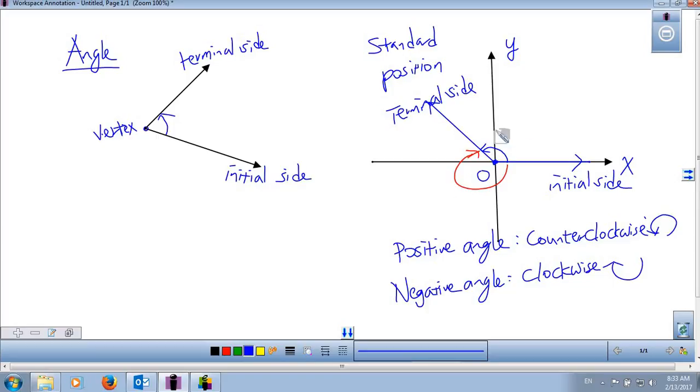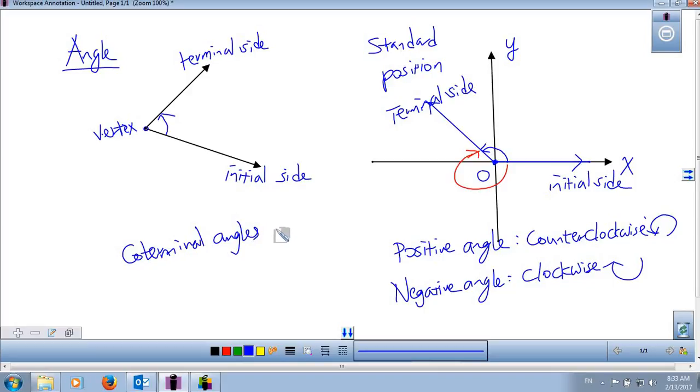And these two angles, the blue and the red, happen to be called coterminal angles. Why are they called coterminal angles? Because they share the same terminal side. So let me write this right here: coterminal angles.